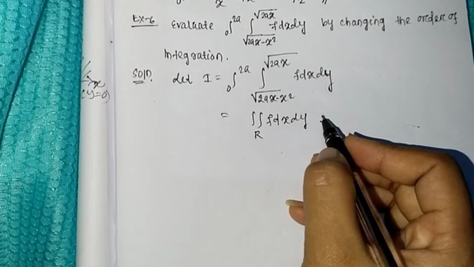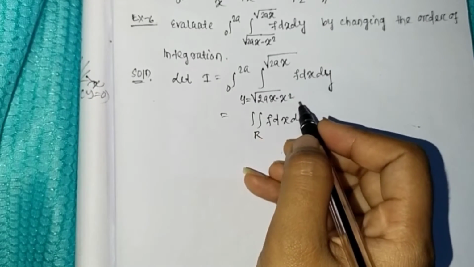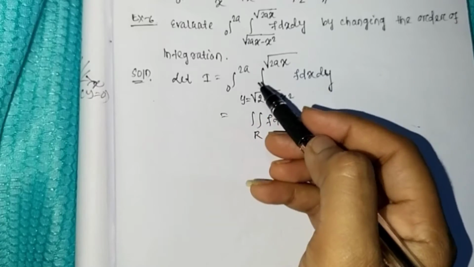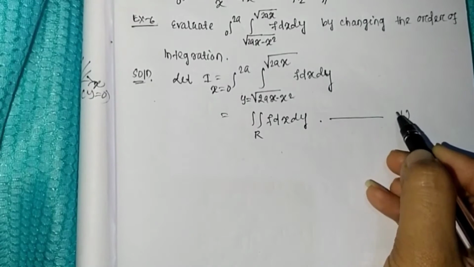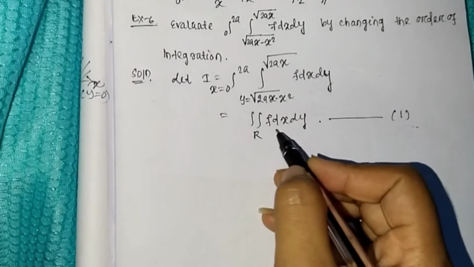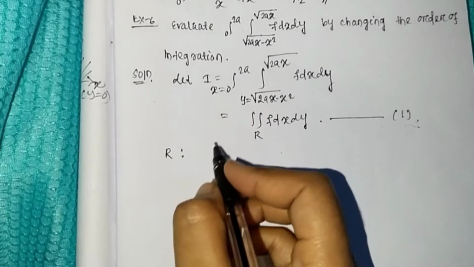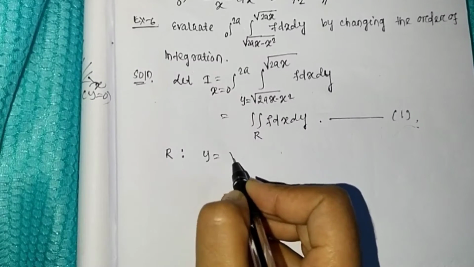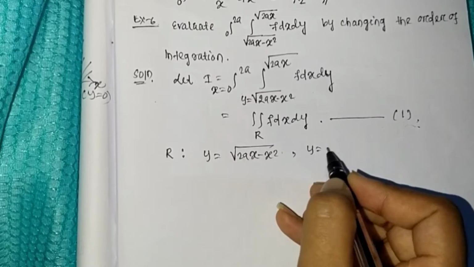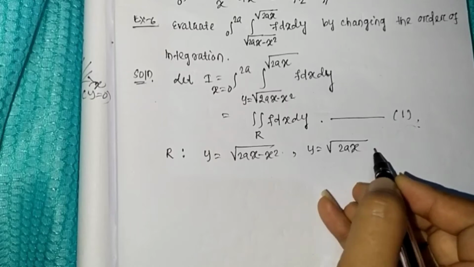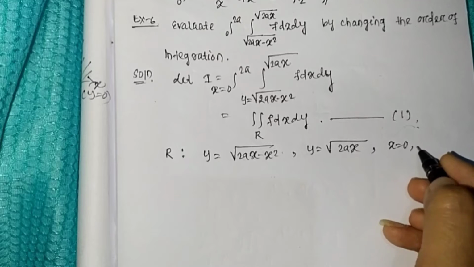So this one is our y limit from root of 2ax minus x square to root of 2ax, and this is our x limit. So it is our equation 1. Now here R is the region bounded by y equal to root of 2ax minus x square and y equal to root of 2ax, and here x equal to 0 and x equal to 2a.